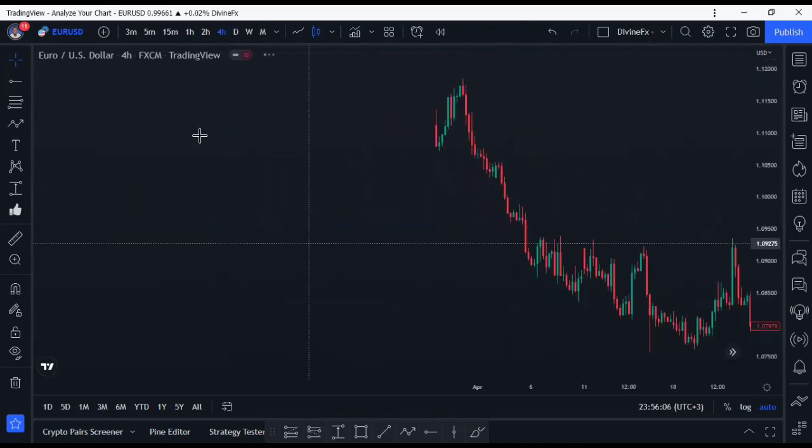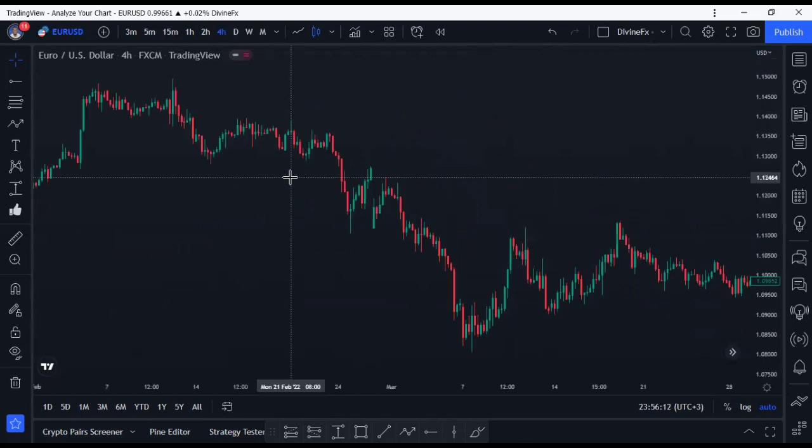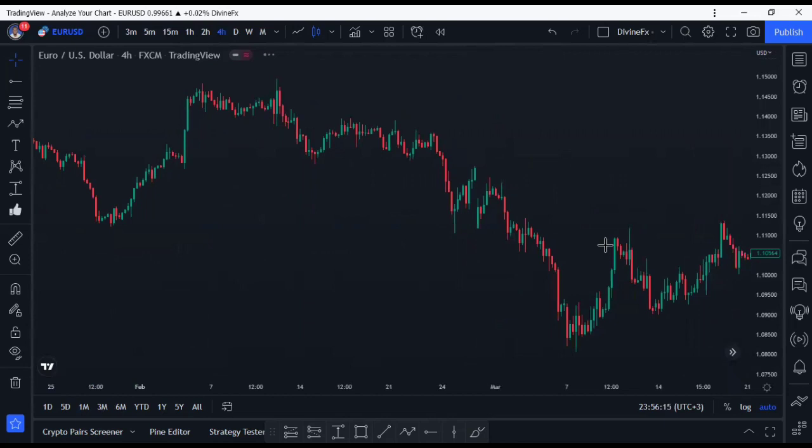Let's look at these points of invalidation. Let us look at this example over here.